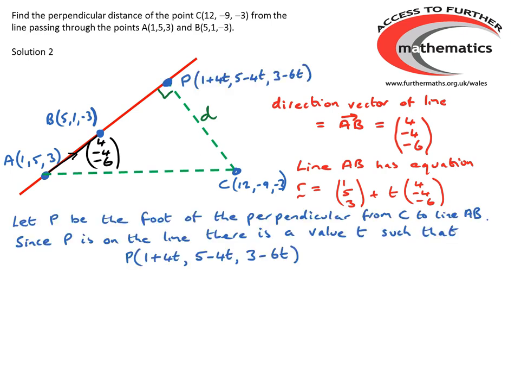And we are going to consider the point P on the line, which is where the perpendicular from C meets the line. Now P is on the line, so there must be a value t such that the coordinates of P are (1 plus 4t, 5 minus 4t, 3 minus 6t).